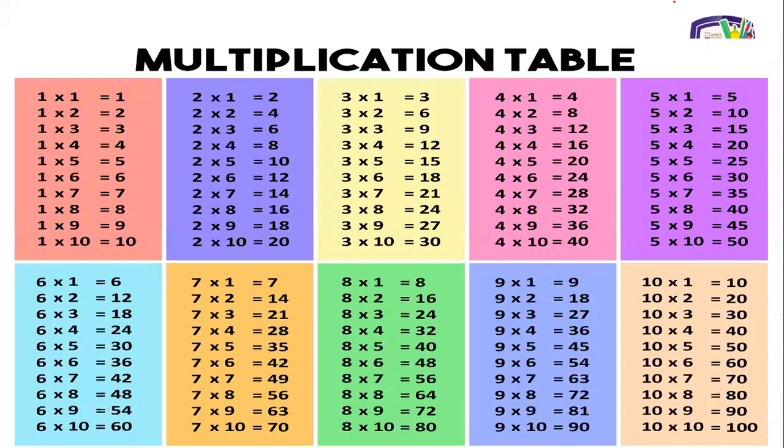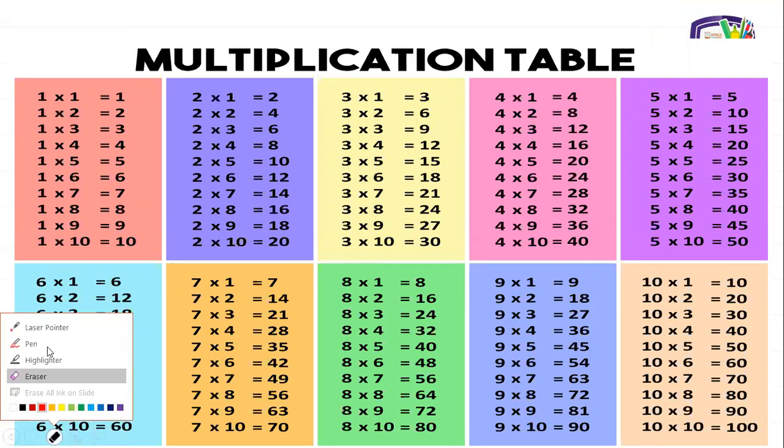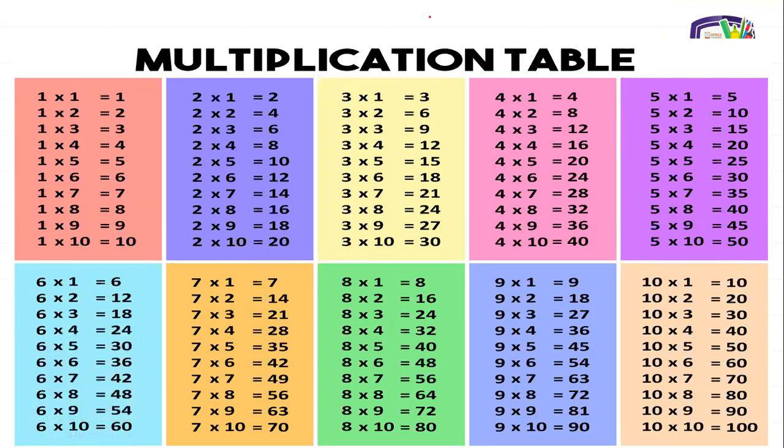And what is important, guys, is knowing your times tables. There's nothing more important in your life right now than your times tables. Knowing them helps you. Let me just do a quick example.